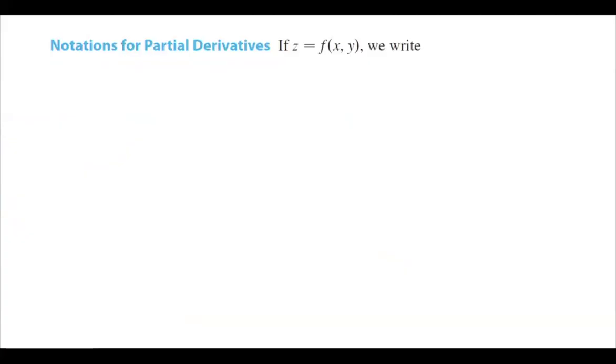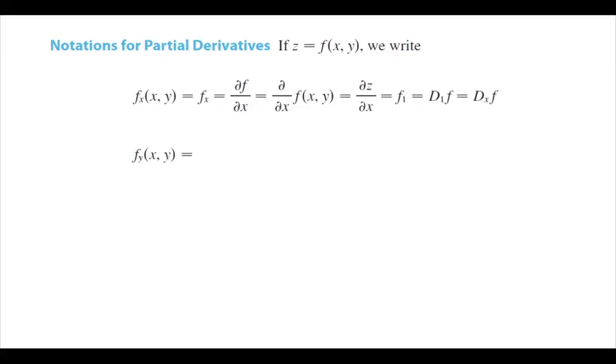Notations for partial derivatives. If you have function z equals f of x and y, the partial derivative of f with respect to x can be written as f sub x, or partial derivative of f with respect to x, or you're just taking the partial derivative with respect to x of the function f of x and y, or partial derivative of z with respect to x, f1, or D1f, or Dx f.